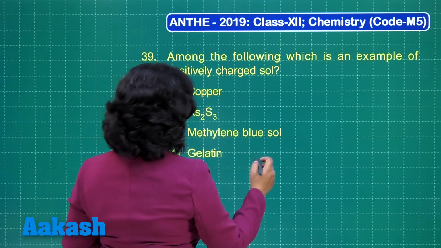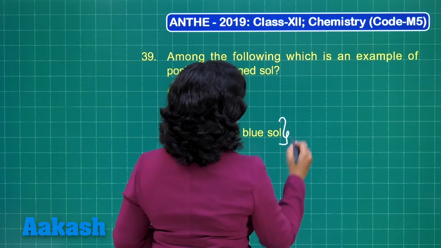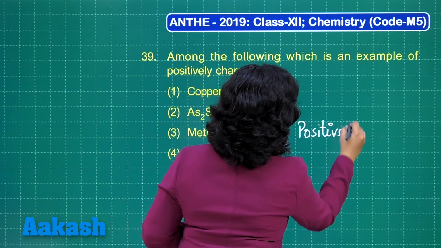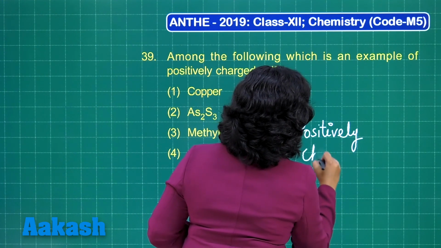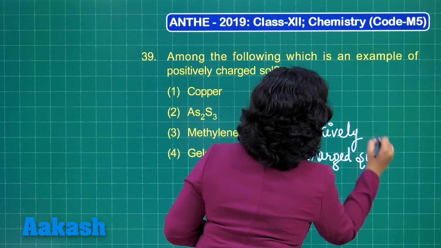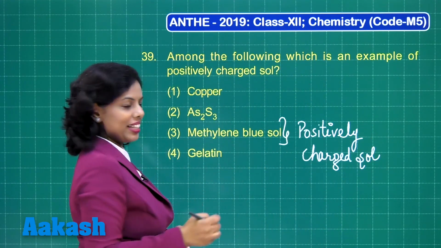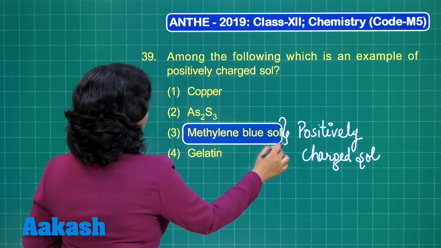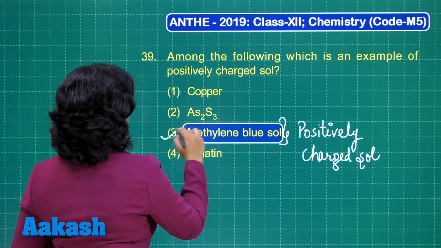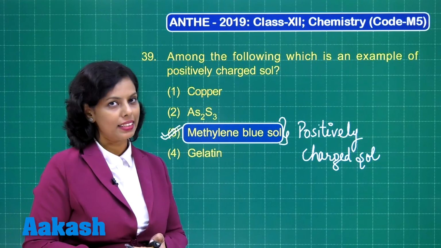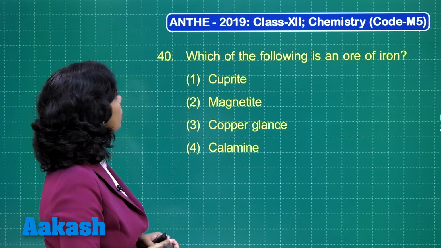Only methylene blue is a positively charged sol. So the correct answer that I am going to choose here is methylene blue. I hope this question is also clear to you.